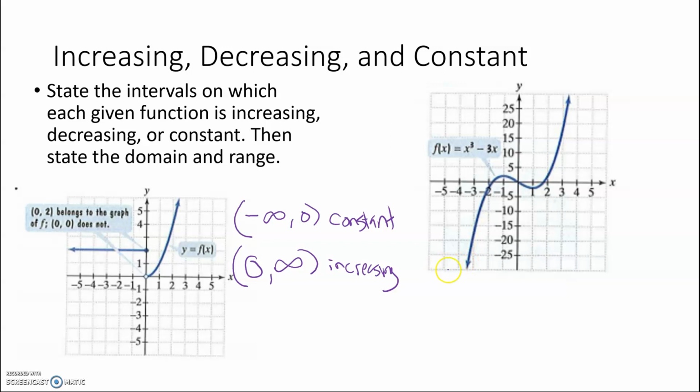Again, we're going to start with this left side. We're starting at negative infinity over here, right? Because this is going to keep going and going. So negative infinity all the way up to negative 1, we're increasing.